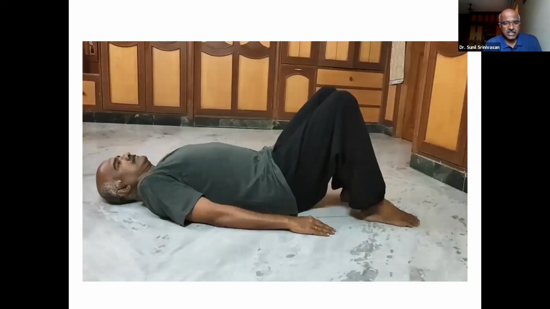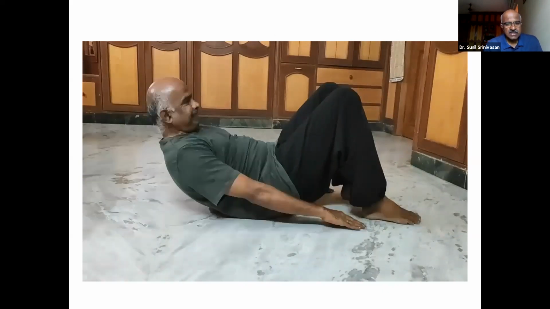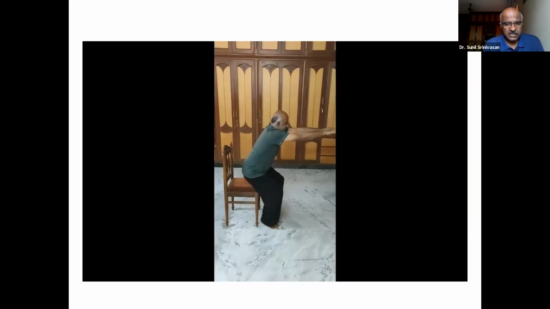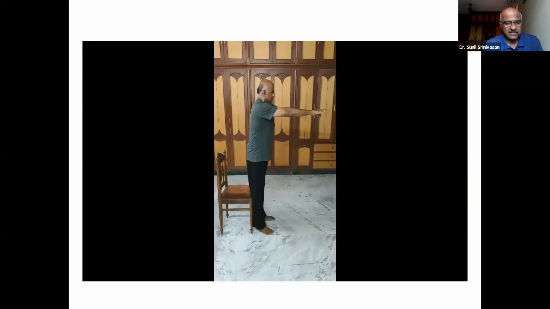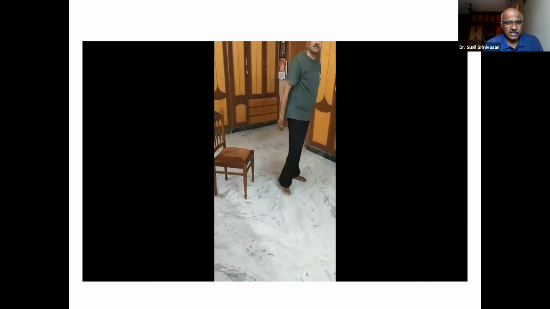Bend your abdomen and make sure your hand moves at least a couple of inches. For the lower body, squats. When you're squatting, make sure you're almost horizontal to the chair. And this is a single leg raising test. If you're able to raise a single leg, you're good enough.